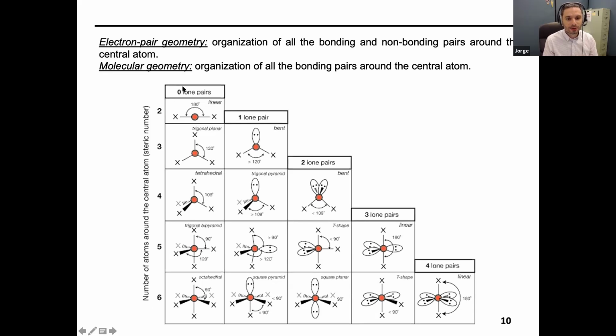So with 0 lone pairs, you have all these possible geometries, and then with 1, 2, 3, or 4 lone pairs, you start to have different geometries. This is also a very nice table because it has here the angles between each bond. So for example, for a trigonal planar geometry, the angle between each bond here is 120 degrees.